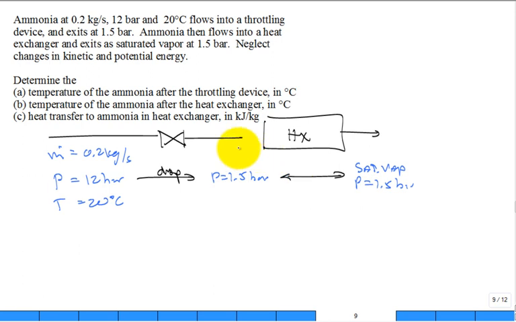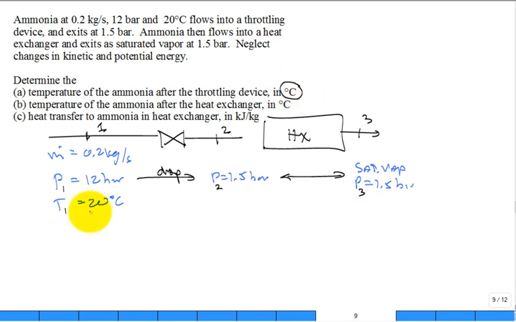Negligible. It's just constant pressure. So we talk about state 1, inlet, state 2, after the throttling device, and state 3, after the heat exchanger. Neglect changes in kinetic and potential energy. Determine the temperature of the ammonia after the throttling device in degrees C.